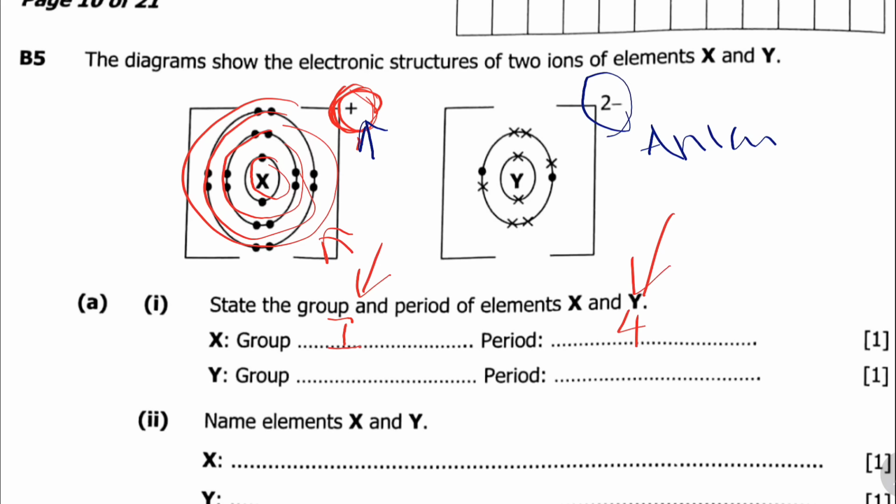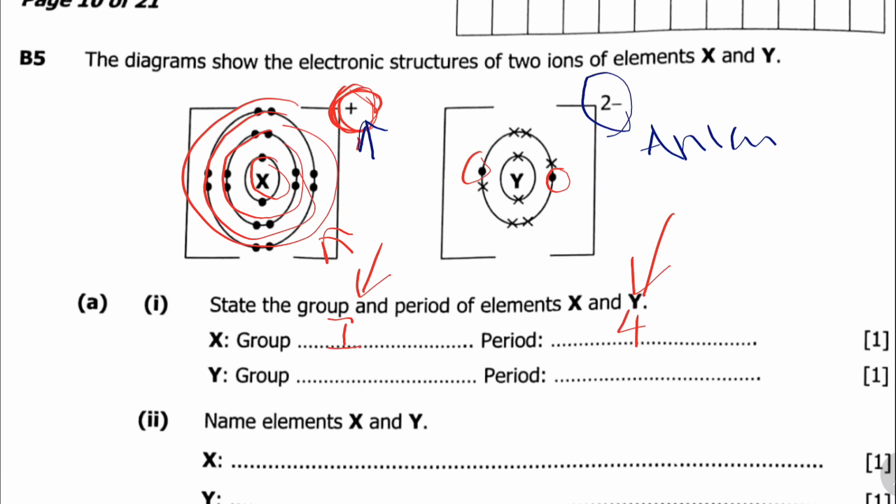This one gains 2 electrons. All right? You can see here. Let me use red. This one and this one. Okay? 2 electrons. Then, so, in which group is this ion?